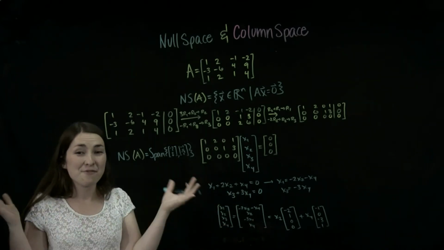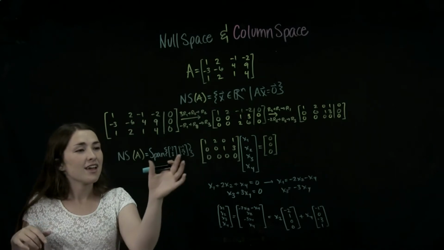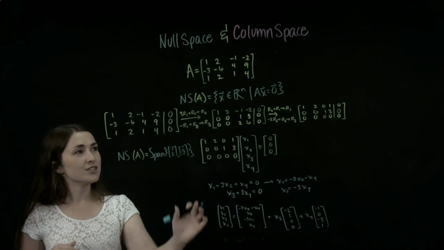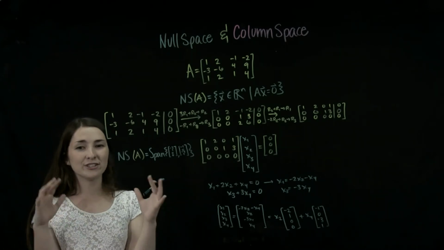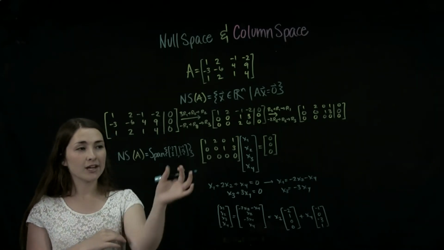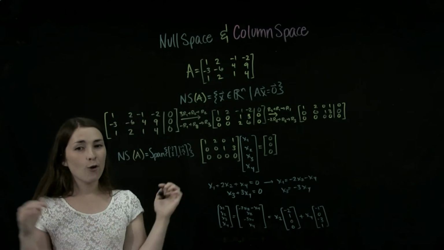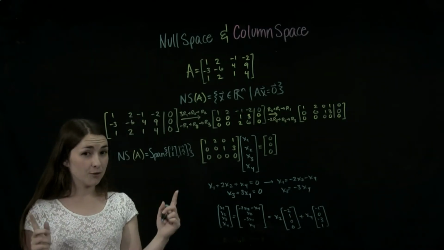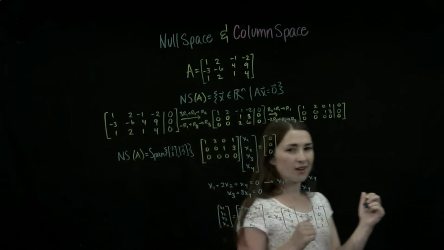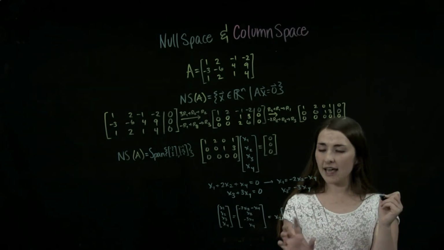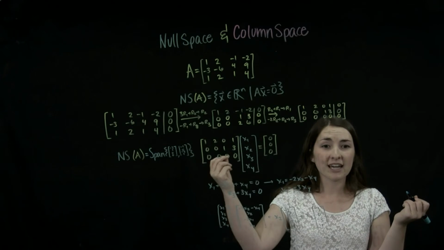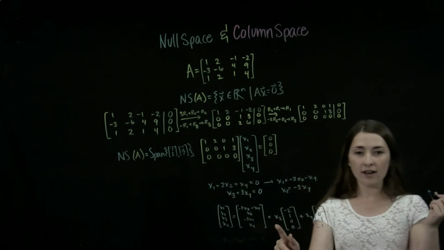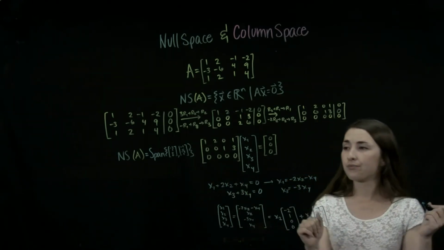And what does that linear combination do? If we take any linear combination of these two vectors and plug it into this equation, so if we take our matrix A times any linear combination of these two vectors, we're going to get the zero vector out. Don't believe me? Let's try it. Let's just try adding them together. So have x2 and x4 both be equal to 1.